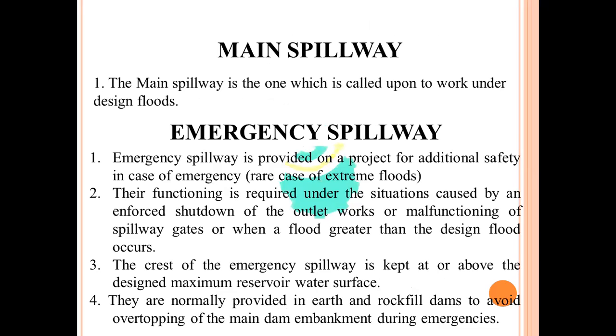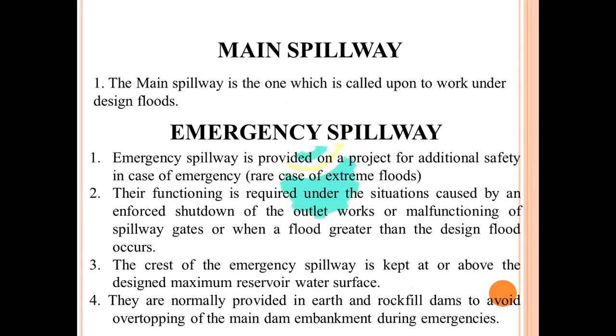The main spillway is the one which is called upon to work under design floods. So the main spillway works under design flood, and the main water is passing through it. Emergency spillway: the name itself represents emergency.